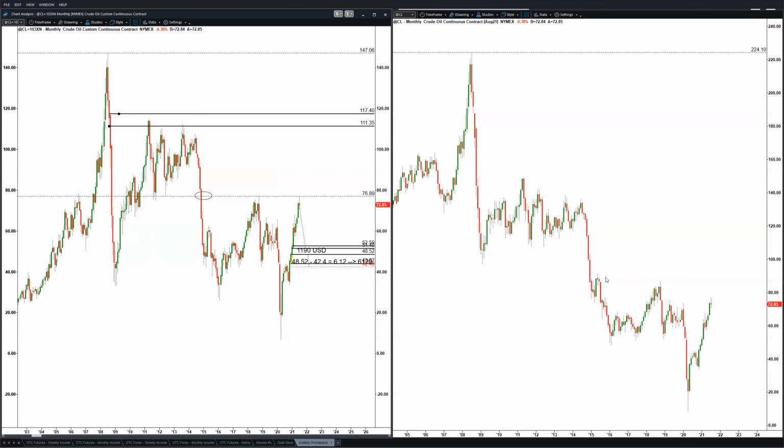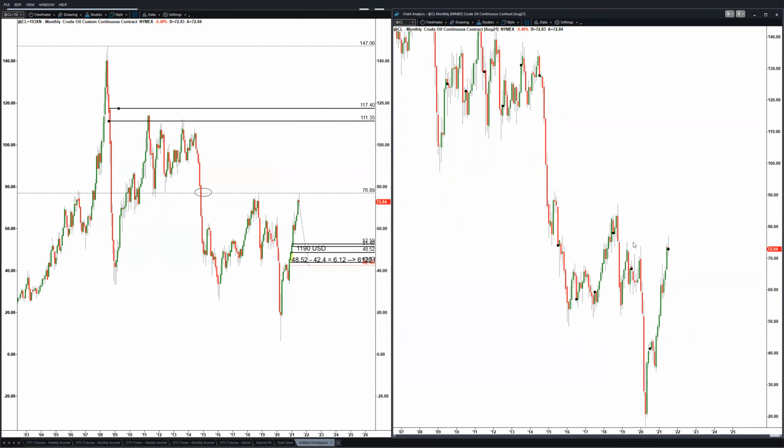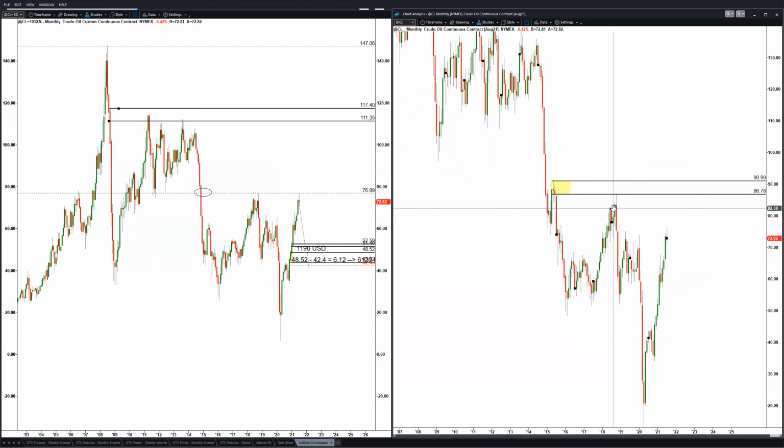Now, if we go to the adjusted chart, what do we see here? Surprise, surprise. We see a super crazy quality rally-based drop on the monthly, right? And of course, we can tell the likelihood that price stops in this super high quality monthly zone is very, very high, right?